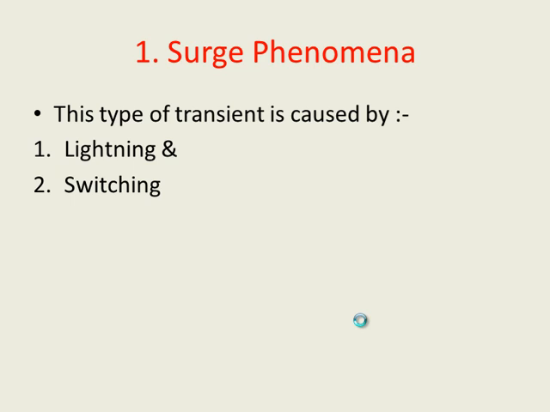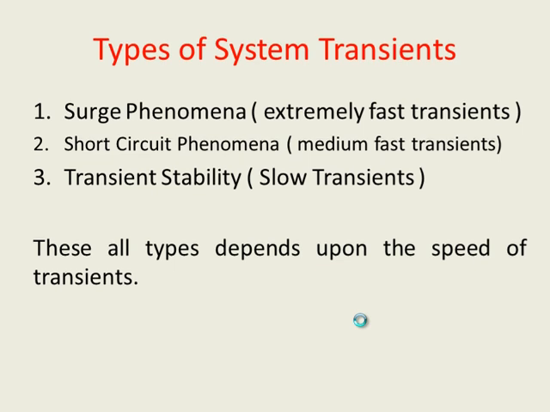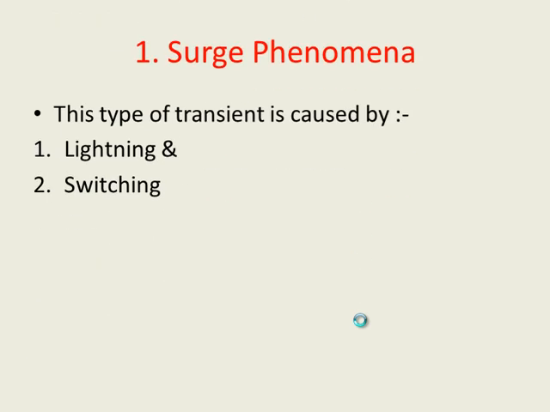The surge phenomena is caused by lightning and switching, as it is the most severe, as has already been said, this extremely fast transient. This is the main cause of this surge phenomena. That is, extremely fast transients.